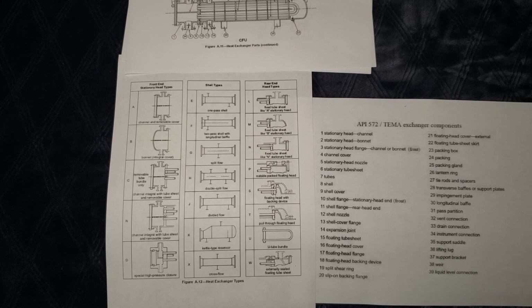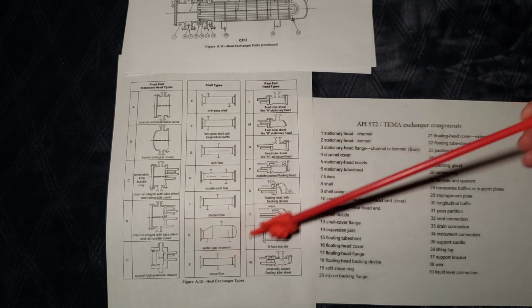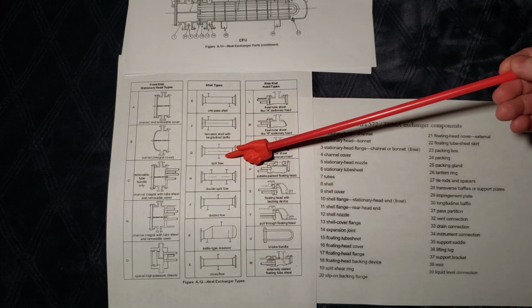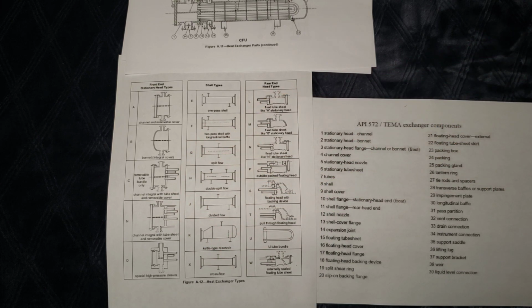With the TEMA group manufacturers, a lot of times you'll see the letter designations on the nameplate. If they're not members of TEMA, then a lot of times those letters aren't on there. But even if they're not on there, you can use these letter types to describe that.